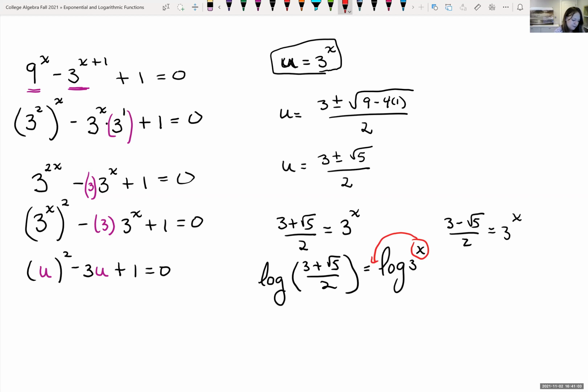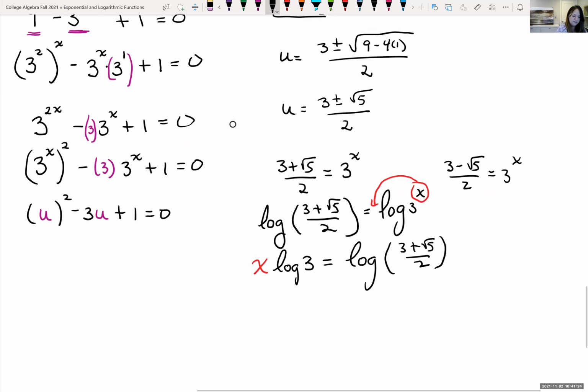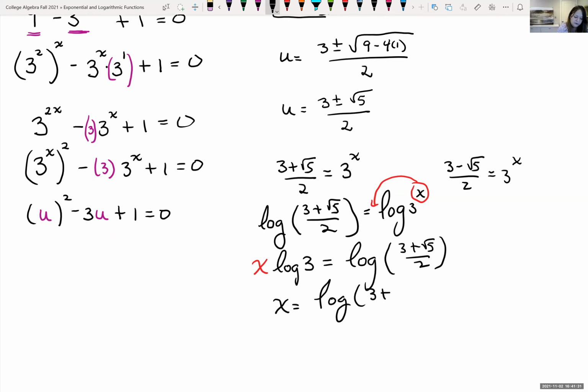So the left-hand side, x times log base 10 of 3, equals log of (3 plus root 5) all over 2. So we can divide both sides by that log of 3. So we get x equals log of (3 plus root 5) all over 2, divided by log of 3.